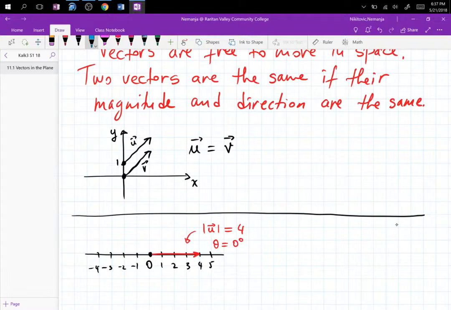On the other side, I can have, let's say, vector v to go to negative 3. What is the magnitude of vector v? It's 3, because its length is 3. And then the theta direction is going to be 180 degrees, or pi radians.